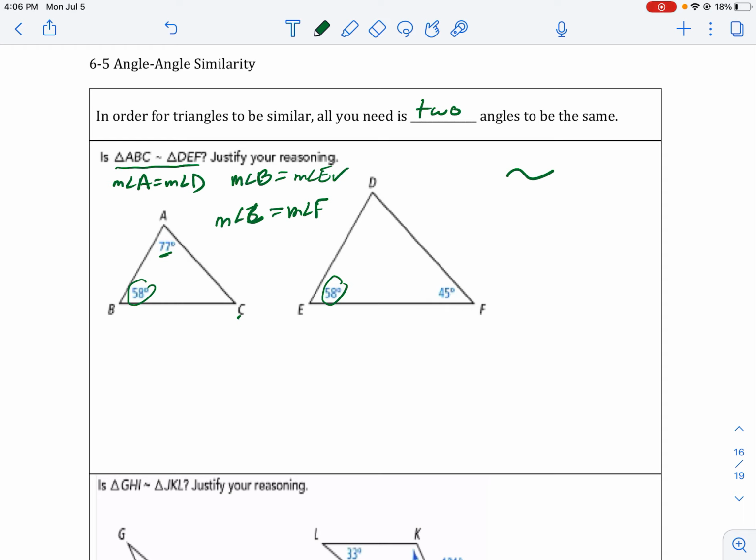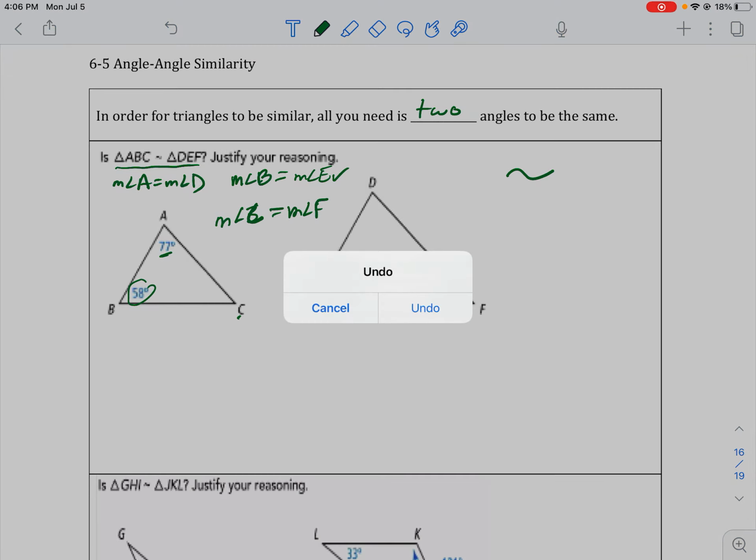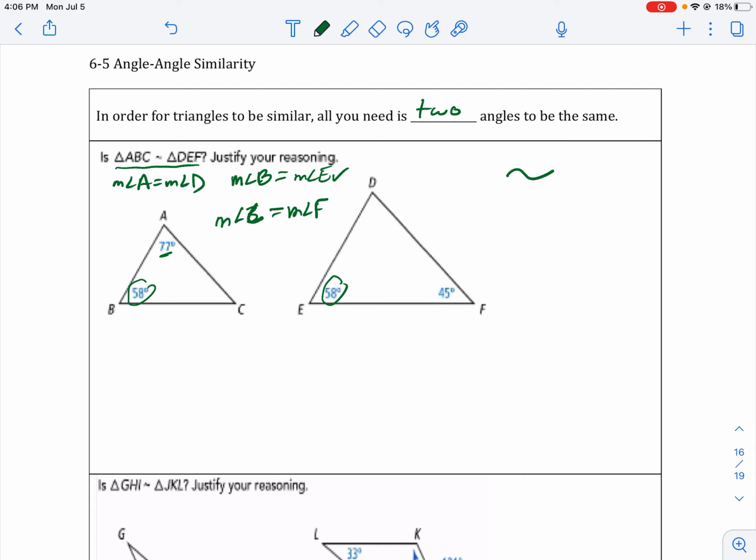So here we go. We need to pick one of the missing angles, and it does not matter which one we pick. So I am going to choose to find angle C here. We already know from earlier in this chapter that all angles inside of a triangle add up to equal 180 degrees.